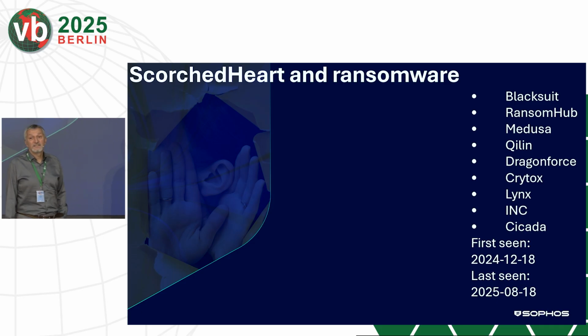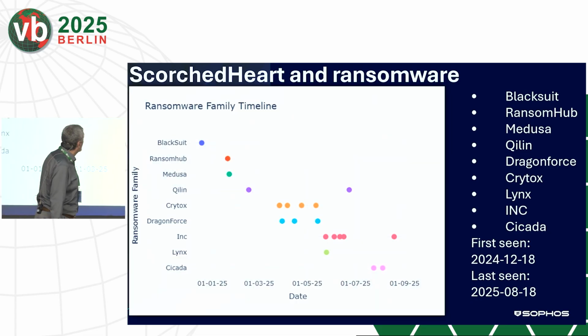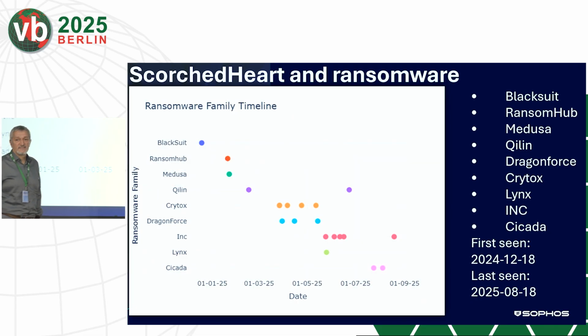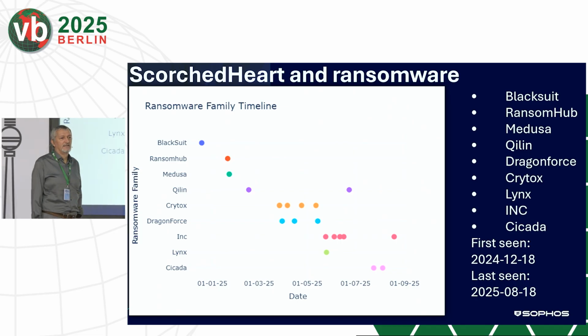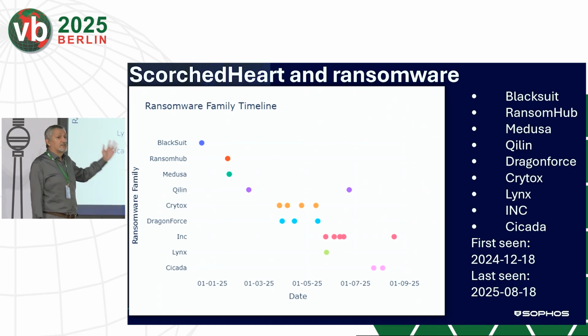So we saw Scorched Heart deployed in many more cases, but it didn't lead to the actual ransomware infection. Lucky for our customers, and not so lucky for me because I don't have that data. But anyway, with this limited data set, I have seen over time which ransomware groups used Scorched Heart.